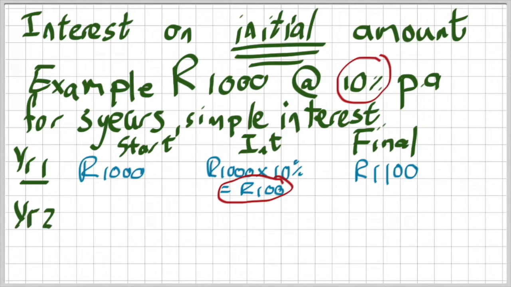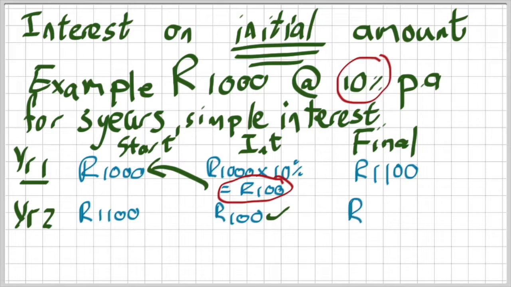Now, what about year 2? Remember, now I start with 1,100. But how much interest do I earn? I earn 10%, be careful, on the initial amount. So I still only earn 100 Rand, 10% of 1,000, which means I end up with 1,200.